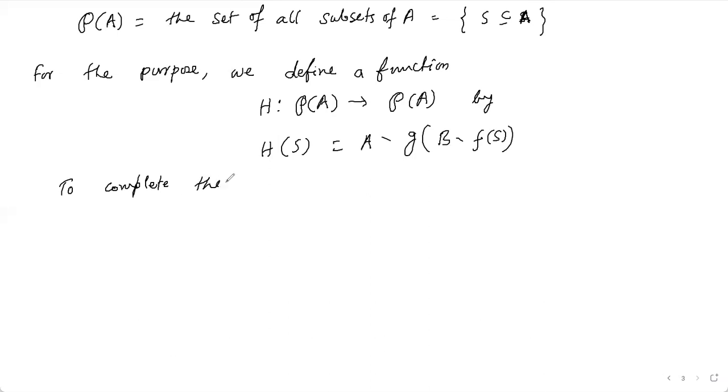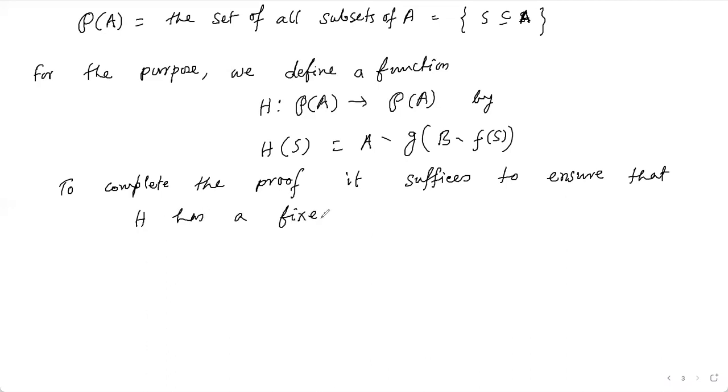To complete the proof, it suffices, so such a subset S is a fixed point of H. So it suffices to ensure that H has a fixed point. So now our goal is to show that H has a fixed point.